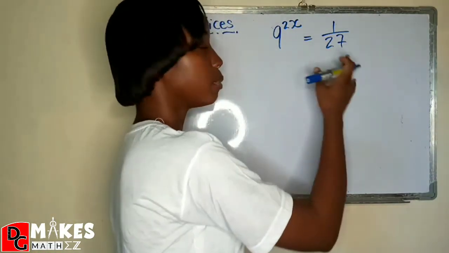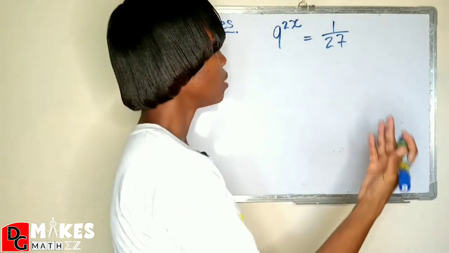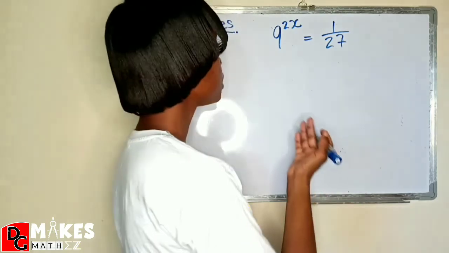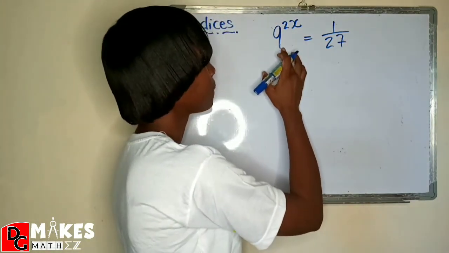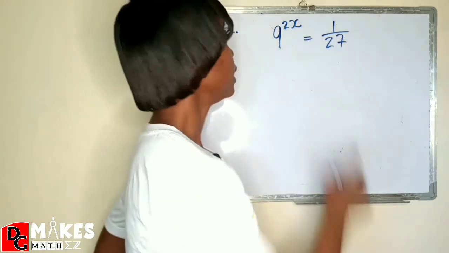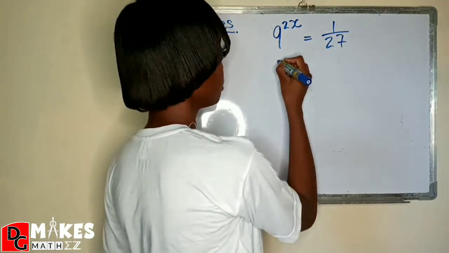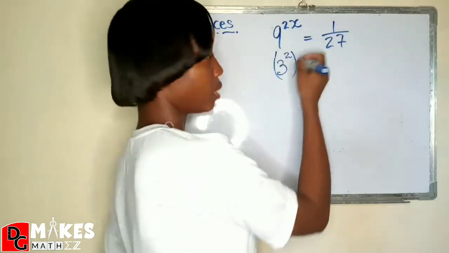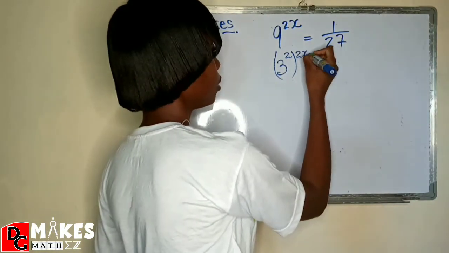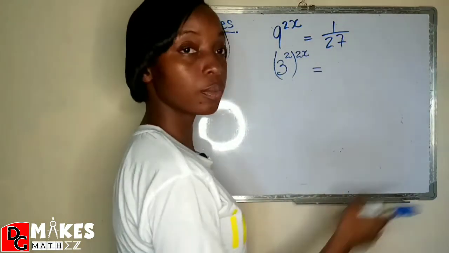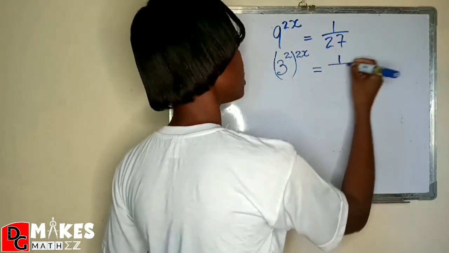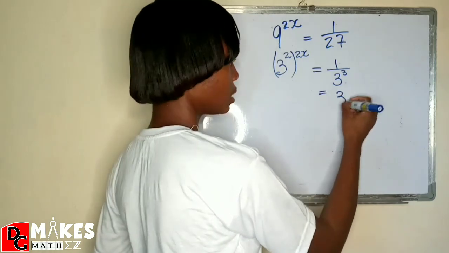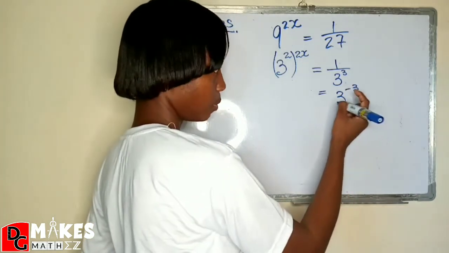So we can look at the numbers and observe which other number we could use to express these two as a power of. 9 can be expressed as 3 squared, and so we have 3 squared to the power of 2x equals 1 over 27, which is the same as 1 over 3 cubed. 1 over 3 cubed is the same as 3 to the negative 3.